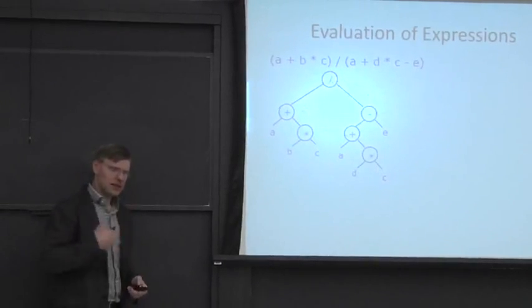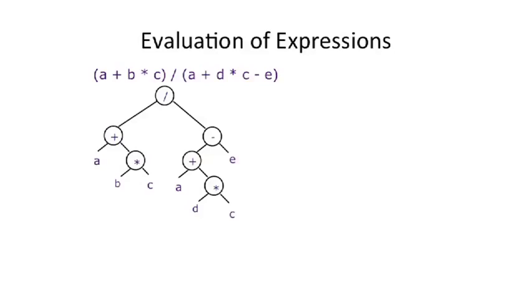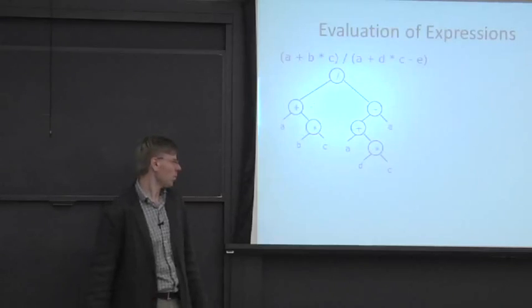Let's take a stack-based instruction set architecture and look at how you can go about evaluating an expression. Here we have an expression, (a plus b times c), all in parentheses, that whole quantity divided by (a plus d times c minus e). So it's some complex math operation that we need to do.